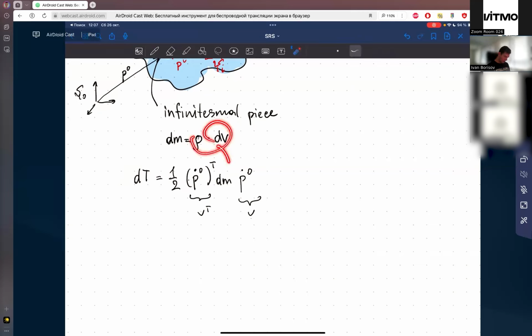We can put it right here: rho dv p dot 0. And since it's just multiplication, we can switch the positions a little bit. We can put dv right here.